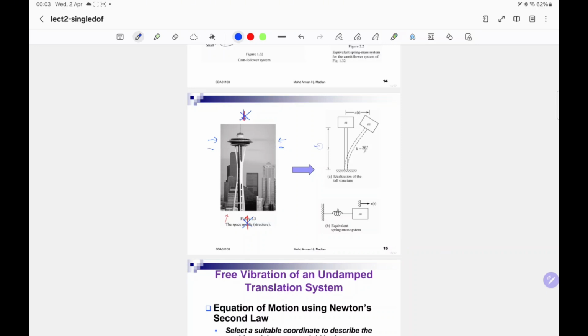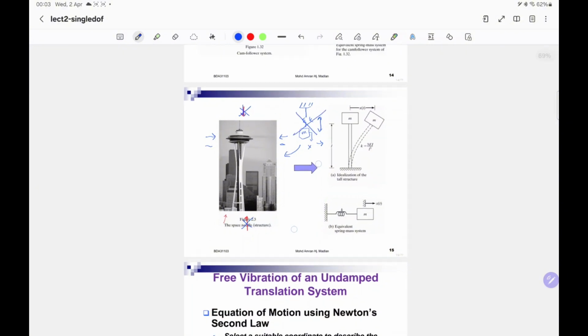So we can represent it as this, and if we want to draw the equivalent spring mass system, instead of like this, this does not represent it because it means that it will vibrate vertically. So this is wrong.